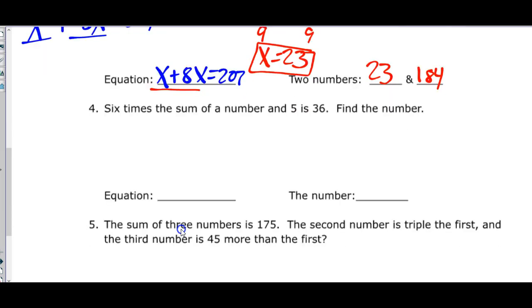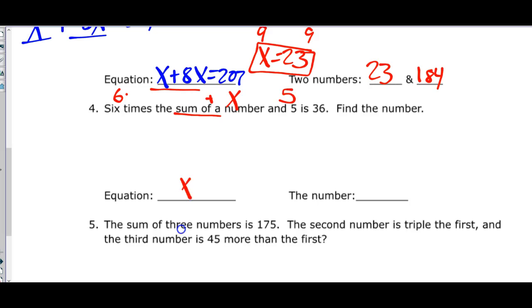Okay, there we go. 6 times the sum of a number and 5 is 36. So we have 6 times, that's going to be 6 being multiplied by the sum of a number and 5.